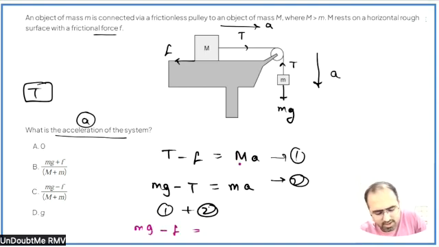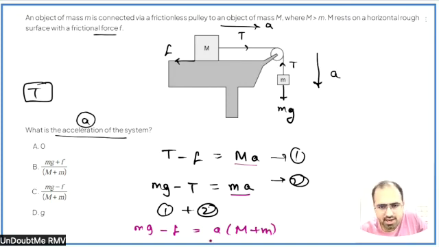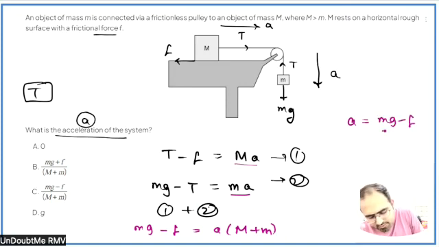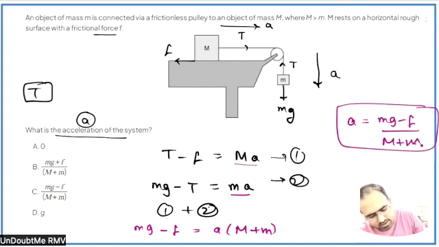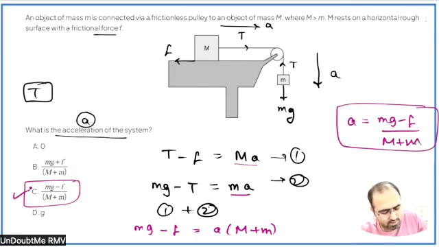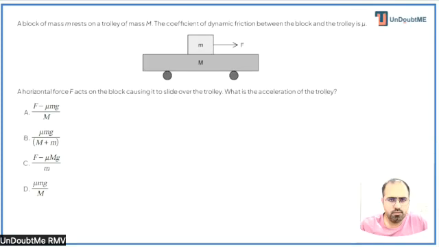On the right hand side, it is ma plus ma. Acceleration will be common and m plus m will be inside the bracket. I need acceleration, so I can send this m plus m to the other side. So mg minus f divided by m plus m, and option C is the correct one. So just look at the equations.